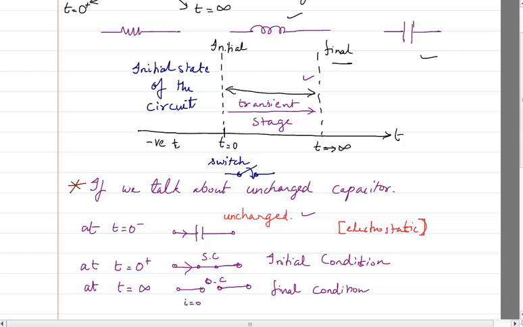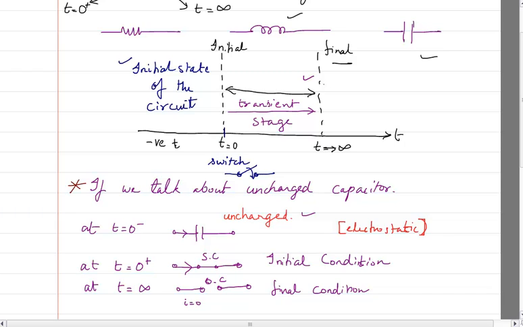So before that switch is switched, what we have is the initial state of the circuit. And then after the initial stage, it's the transient state, wherein the circuit is going through the change. The inductor and the capacitor are either charging or discharging.